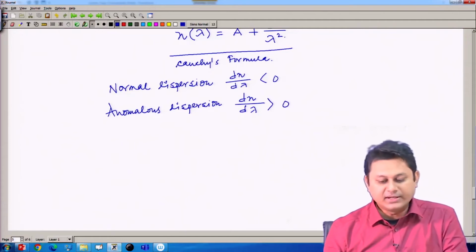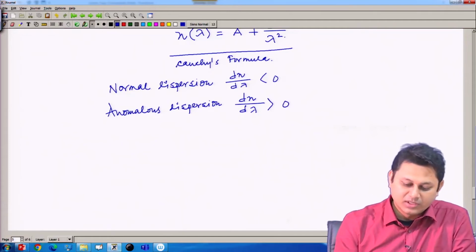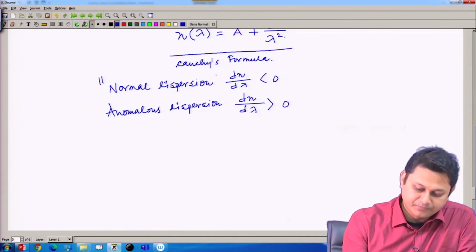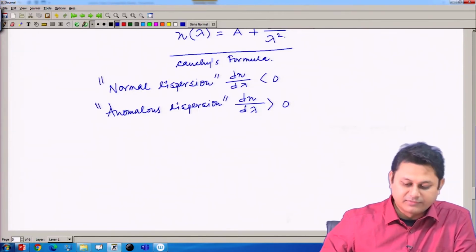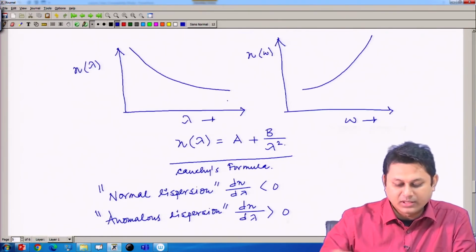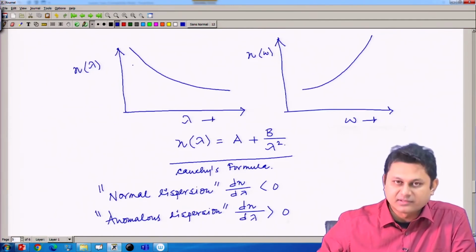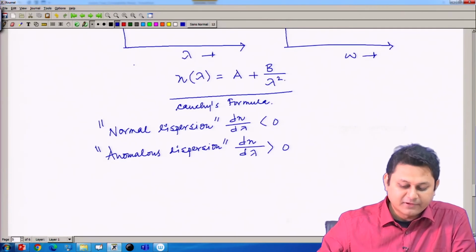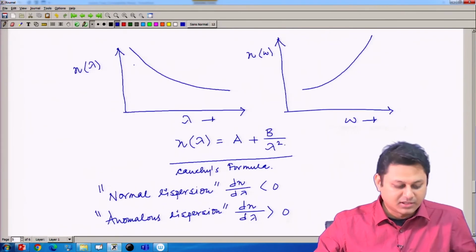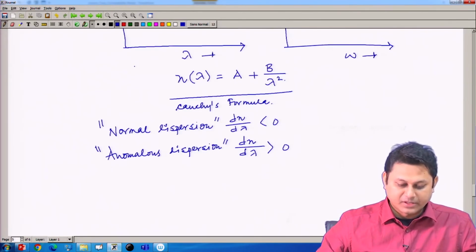The regime where dn d lambda is less than 0 is the normal dispersion regime, and in the anomalous dispersion regime this is different. From this curve you can see that when the lambda is increasing, the n is decreasing. So, dn d lambda is essentially less than 0. So, we have a normal dispersion regime in whatever curve is shown here.